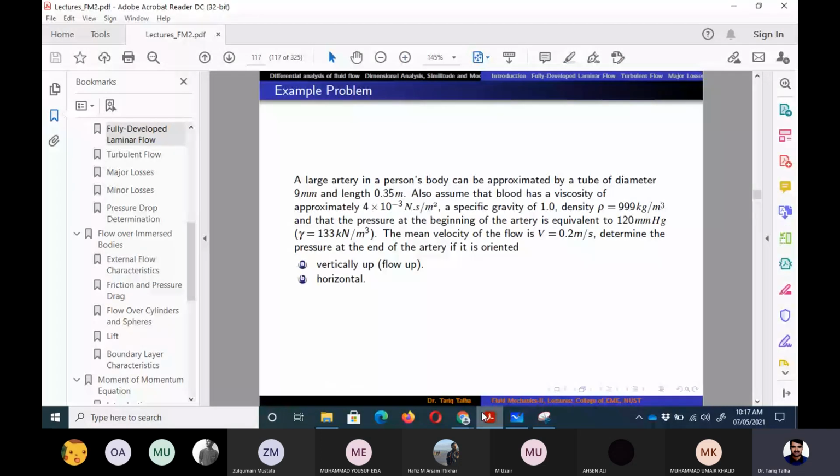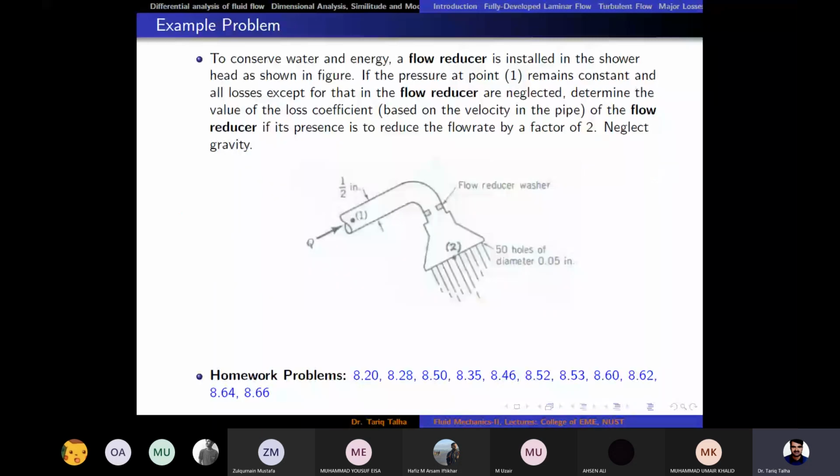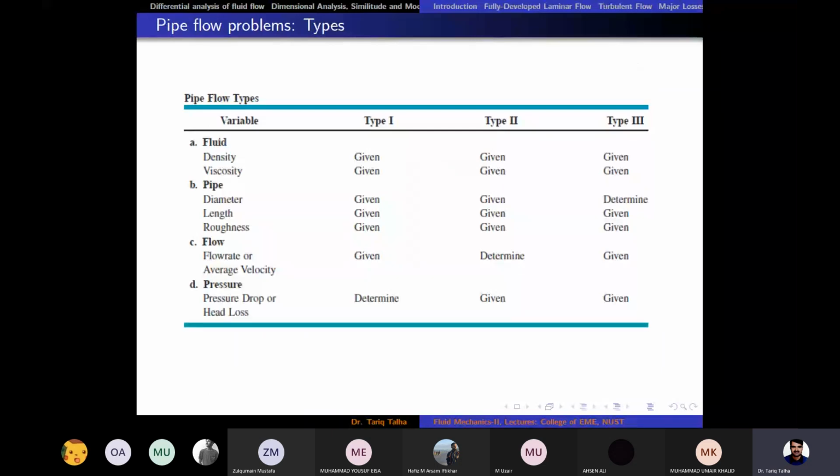So in the last class, if you remember, we did these two problems. I hope that these two problems are clear to you. So now, as I discussed, for the pipe flow analysis, we have three types of problem. In the first problem, we need to determine pressure drop or head loss, and all other parameters are known to us.